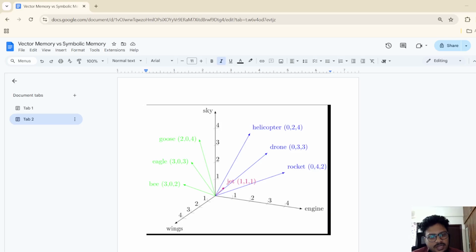In symbolic memory, you can say it stores facts and rules, uses logic, needs human-written rules, is very strict, old-style AI. And in vector memory, it stores meaning and similarities. If the meanings are similar, then the vector's numbers will also be close.